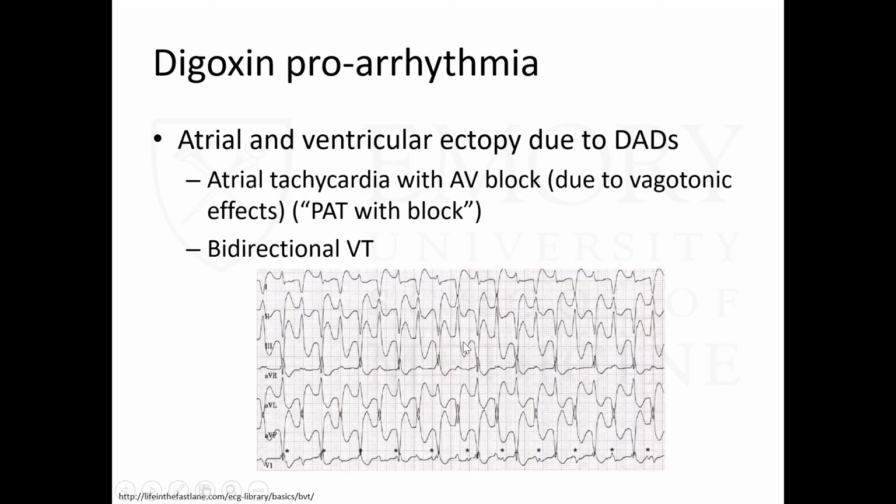This is VT in two different morphologies, and this occurs due to calcium overload and delayed afterdepolarizations in the setting of dig toxicity. The two scenarios where you see bidirectional VT: one is dig toxicity, and the other that's worth remembering but quite rare is a syndrome known as CPVT, or catecholaminergic polymorphic VT, which can also give you bidirectional VT. But bidirectional VT is pretty classic for dig toxicity.